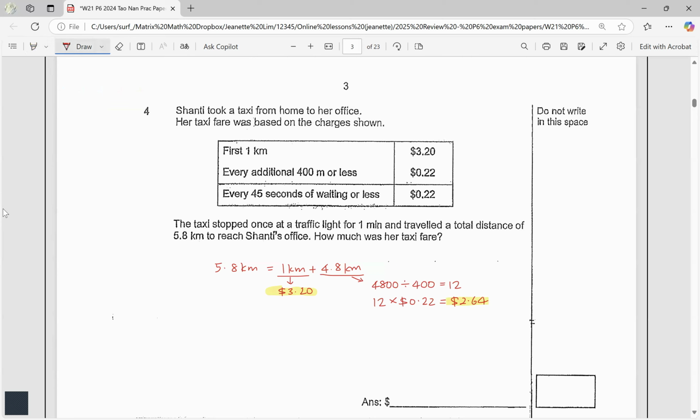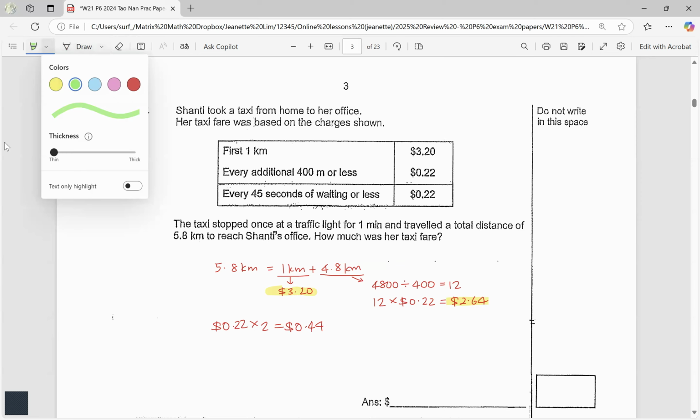Then in terms of waiting time, she waited for 1 minute at the traffic light. The 22 cents here is for every 45 seconds. How many times of this 22 cents do we need for 1 minute? 1 minute is 45 seconds plus 15 seconds, and the 15 seconds should be counted as another set of 22 cents. So we have 2 times 22 cents, which is 44 cents.